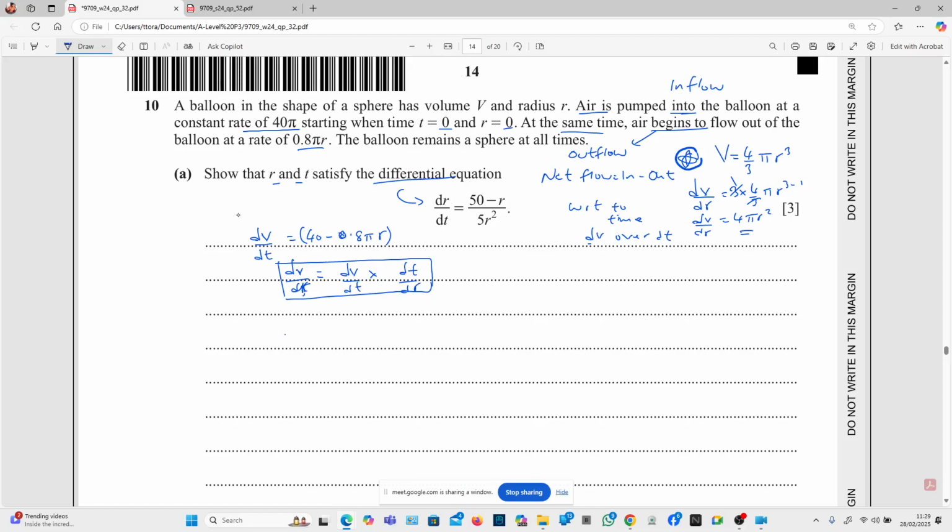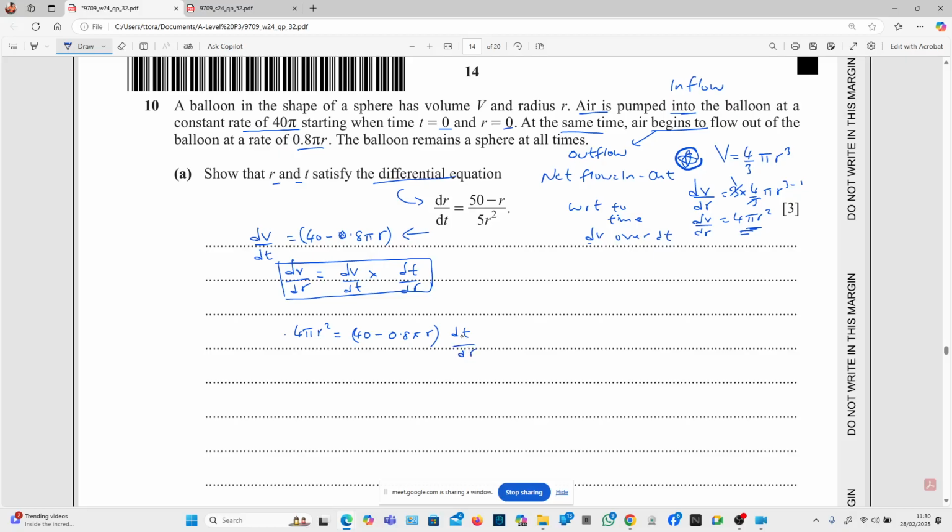Now dV over dr, we just calculated when we differentiated the volume, and it was 4 pi r squared. So this is equal to 4 pi r squared. And all of that is equal to dV over dt, which we just found here. So that's 40 minus 0.8 pi r, multiplied by dt over dr. So we're almost there.